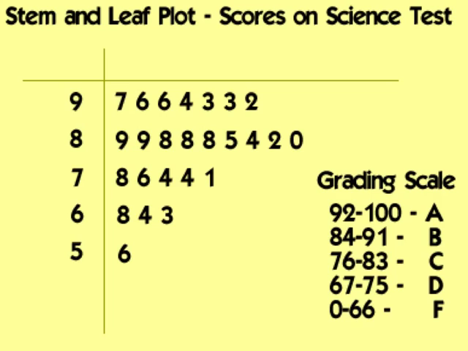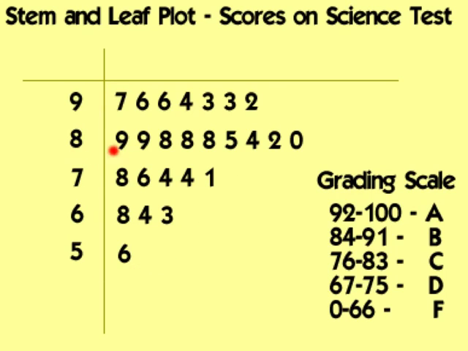Here's a stem and leaf plot for the scores on a science test. We see that the highest score was a 97 and the lowest score was a 56. Apparently there were 25 children that took the test, and here are those 25 test scores broken down a little bit easier.